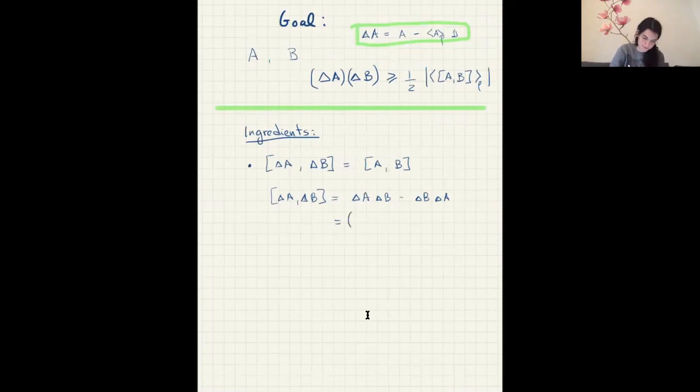So we get A minus A identity, B minus B identity, minus the opposite.